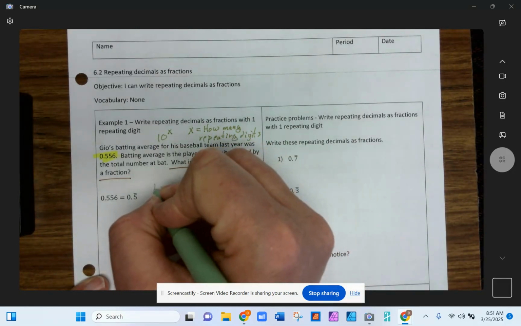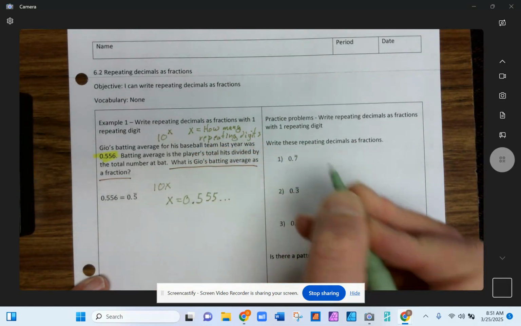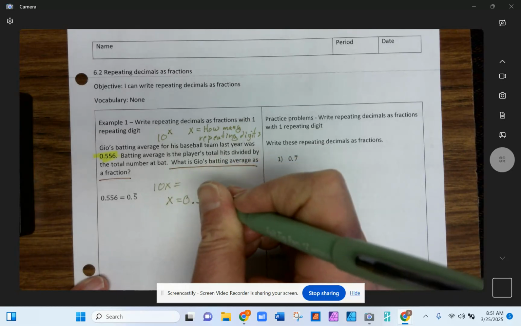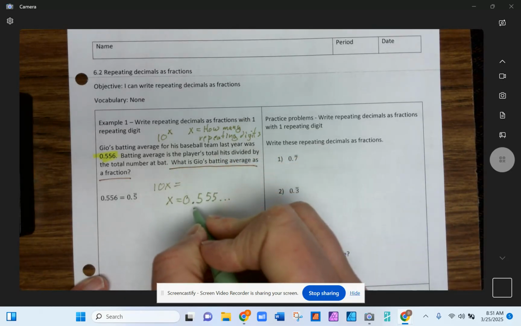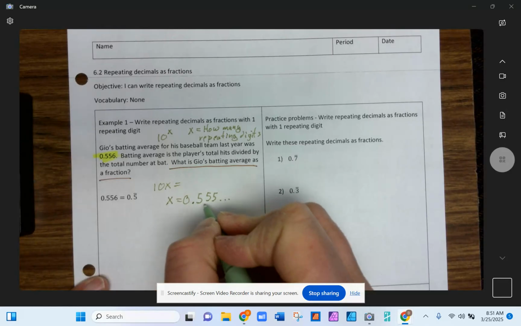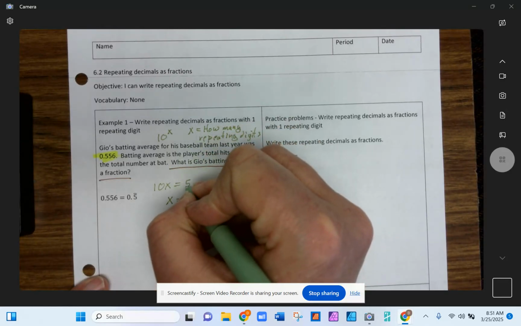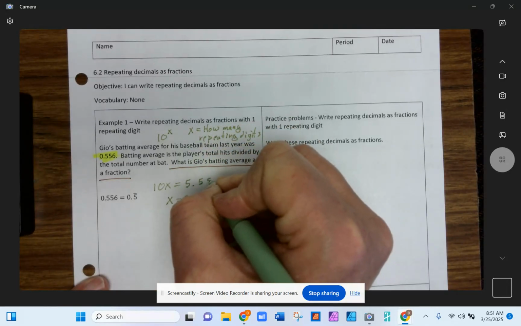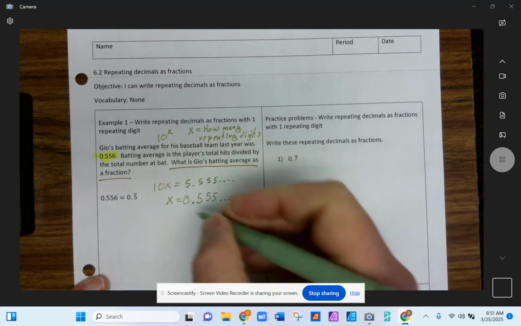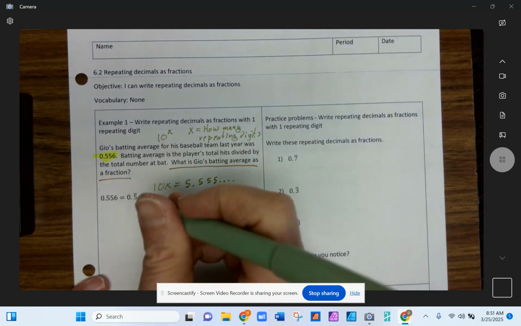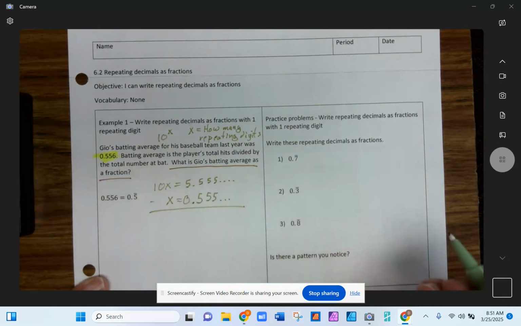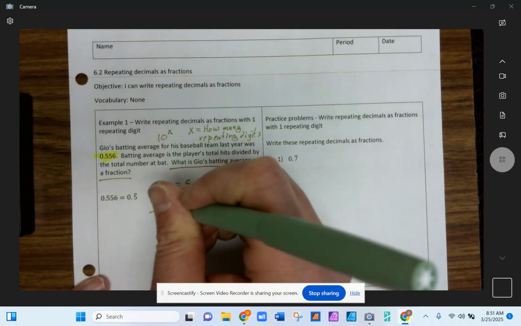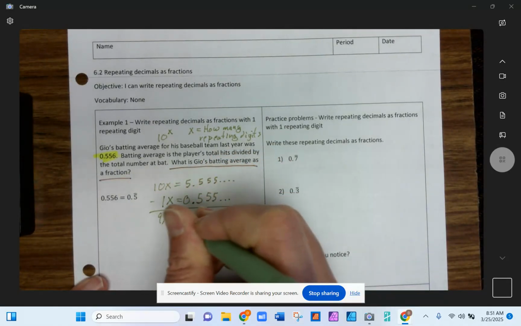So x times 10 is 10x. And then 0.5 repeating times 10 just moves the decimal over to the right by 1. So it becomes 5.5 repeating. Again, this goes on forever, but we don't need to write that out infinitely. What we're going to do is subtract these, right? 10x minus 1x is 9x, okay?